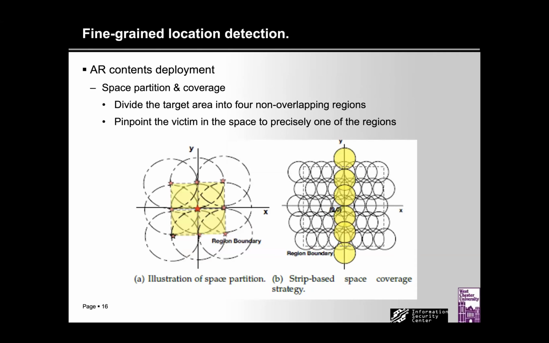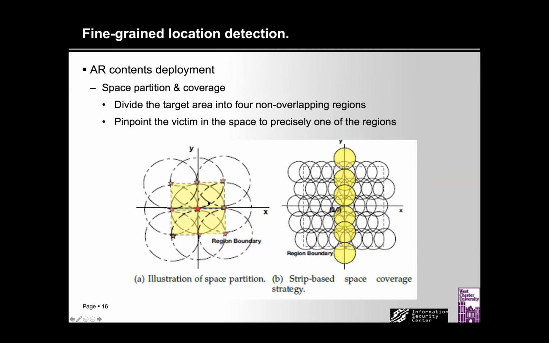Therefore, we propose a better location detection mechanism called fine-grained detection. Here we deploy the AR content using a combined method. One is called space partition, and the second one is the strip-based space coverage strategy. We first divide the target area into 4 non-overlapping regions, and we try to pinpoint the victim to precisely one of the regions.